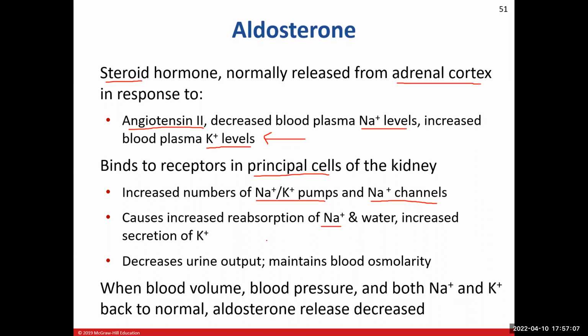But we will see an increase in the secretion of potassium. So we'll see increased potassium in our urine. Now, overall, we're going to decrease our urine output. Okay, so the urine volume will decrease, but we will see a maintenance of blood osmolarity. All right, that maintenance of blood osmolarity is going to make sure that our blood doesn't lose concentration or gain concentration.